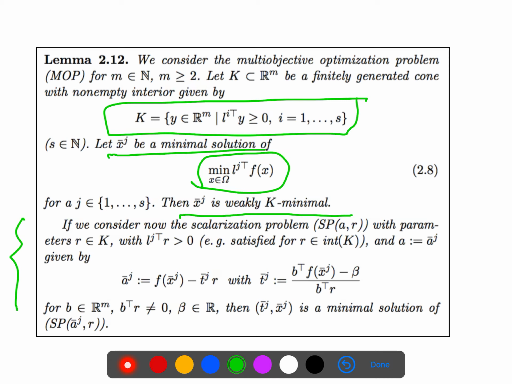And in the second part of the theorem, it says that we can now use aj and tj such that this one is a minimal solution of SP. So let's just start by the first part.